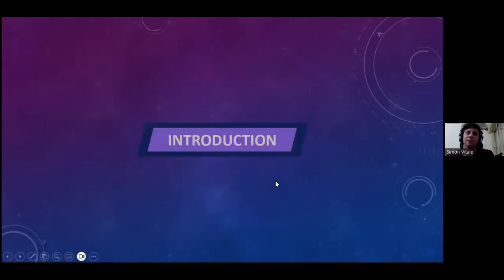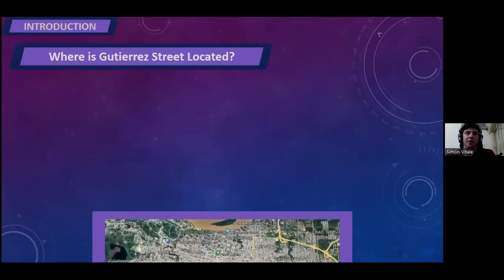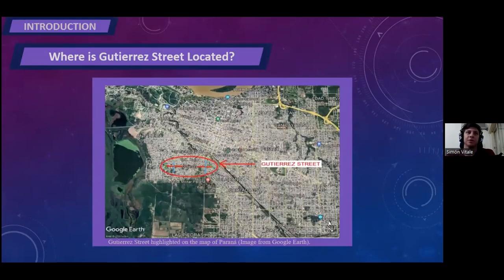In relation to the introduction, we asked the question, where is Gutierrez Street located? Gutierrez Street is located in Paraná. Paraná is a city from Entre Ríos, Argentina, and it has many problems related to its streets.